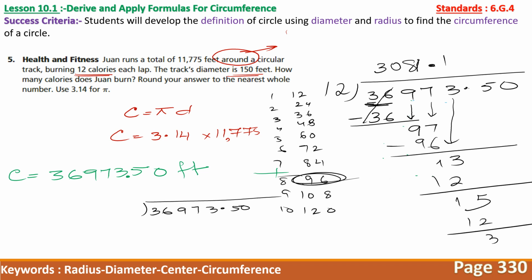Bring the 0 down and we know that 12 times 2 is 24 and 6 left and so on. Okay, 6 left, put the 0 down and we know that 12 times 5 is 60. So 3081.125 calories will be burnt during this all riding.